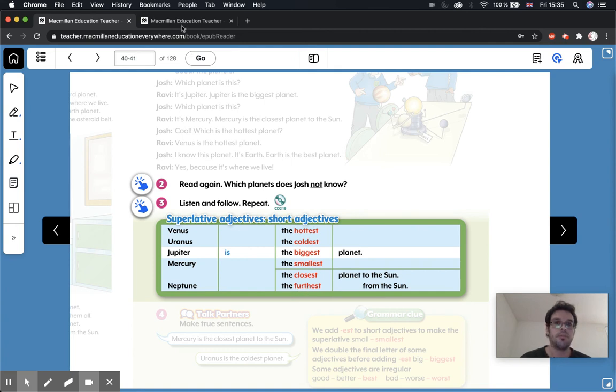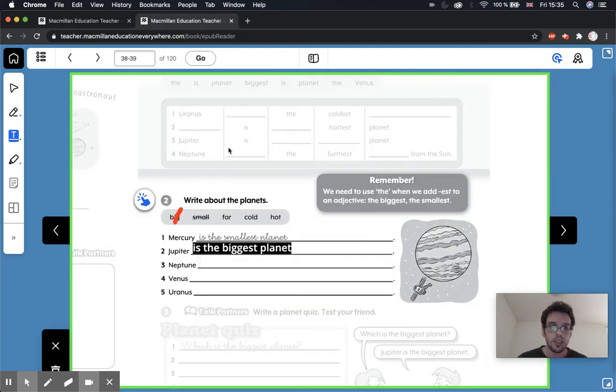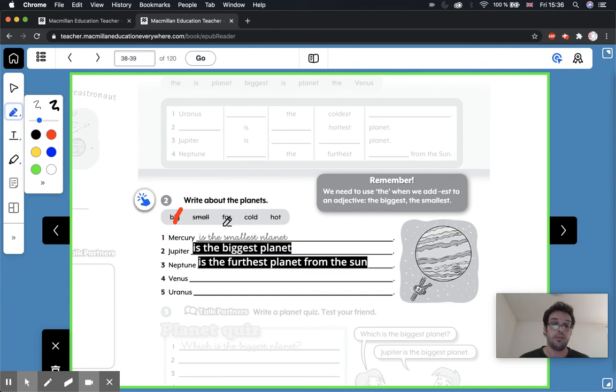The furthest. So let's make the phrase. Neptune is the furthest planet, más lejos del Sol, from the Sun. Neptune is the furthest planet from the Sun. Write it in your books. And I'll cross this off.